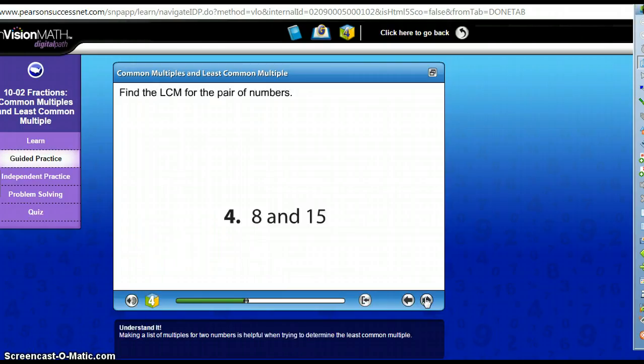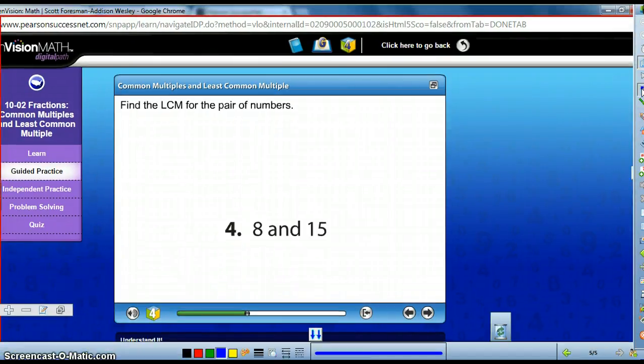The next one, 8 and 15. Interesting. Let's do this one.